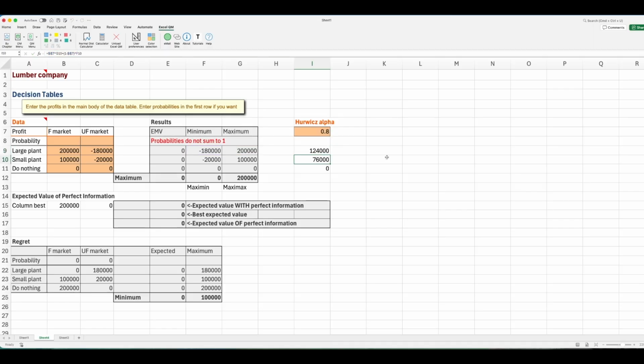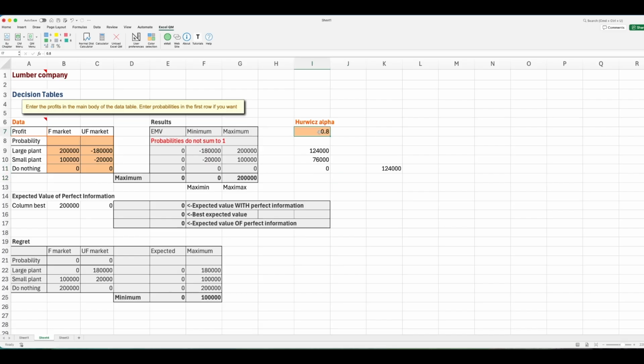And that gives us $124,000. Same thing here, 80% of being optimistic plus 20% of being pessimistic. So this is basically giving us the average payoffs using the Hurwitz criterion, and based on this I can choose the maximum of this criterion, which is 124, and large plant is our best decision.